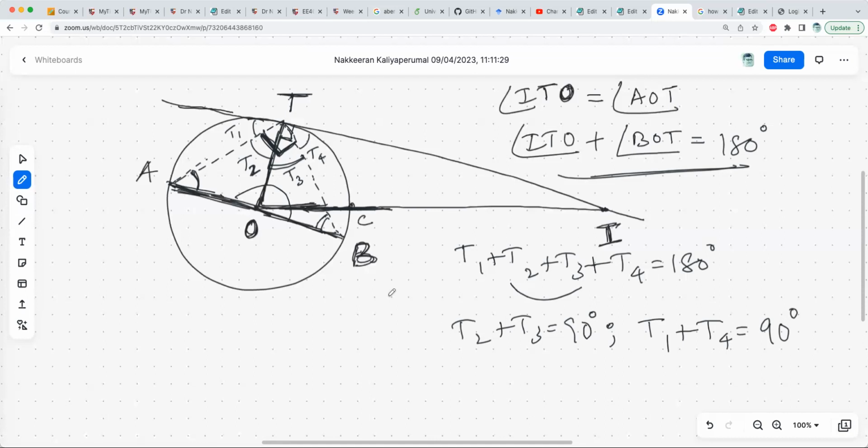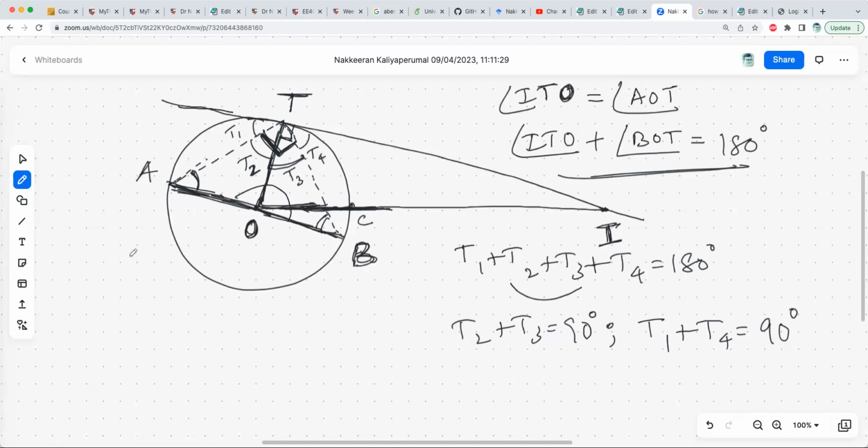The angle we are interested in is T3 plus T4 or T1 plus T4. T3 plus T4 or T1 plus T2. How to prove that? T2 plus T3 is 90.